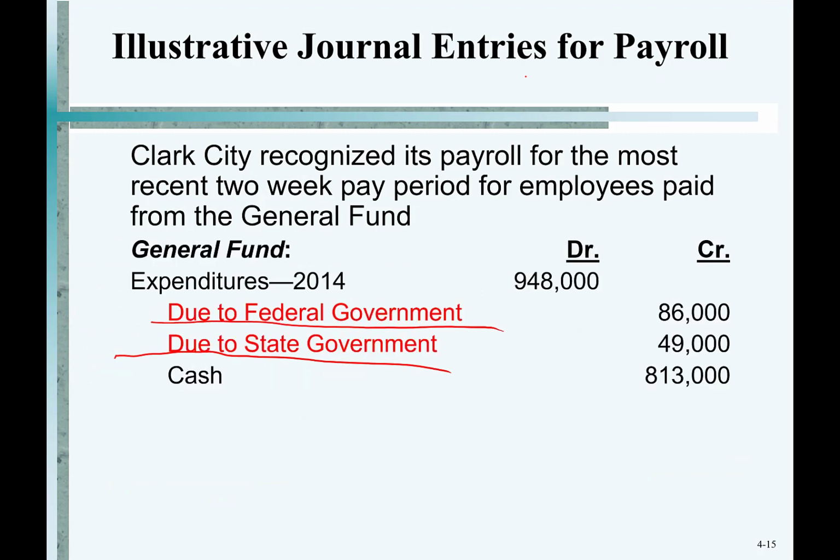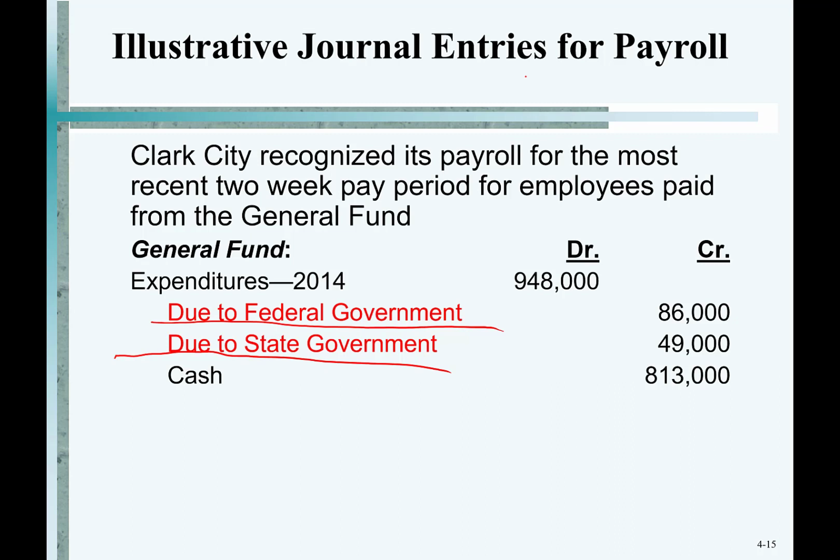Okay? And so, looking at this slide for our payroll, we debit the expenditure, and government employees do pay taxes, and the governments will withhold taxes that could then be remitted to the state or the federal government. Again, I'm not here to teach payroll accounting, but I do want you to understand that when one government owes another government money, we don't call it payable, we call it due to.